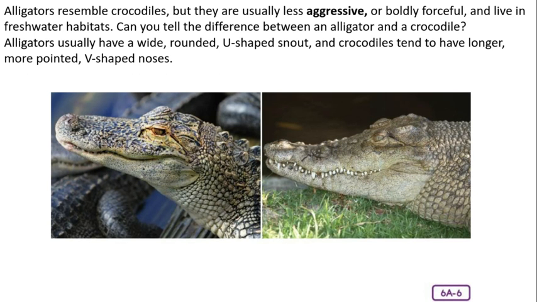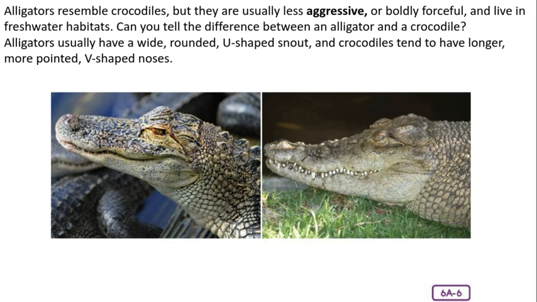Alligators resemble crocodiles, but they are usually less aggressive, or boldly forceful, and live in freshwater habitats. Can you tell the difference between an alligator and a crocodile? Look at these pictures. Alligators usually have a wide, rounded, U-shaped snout, and crocodiles tend to have longer, more pointed V-shaped noses.